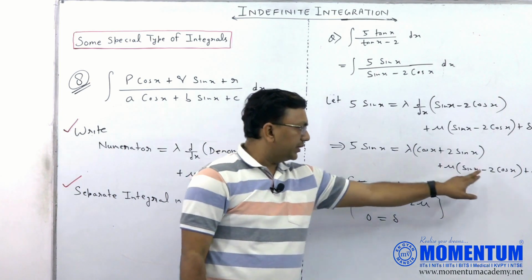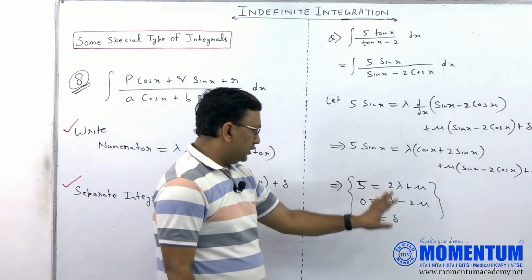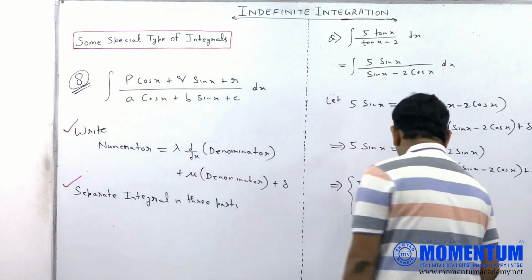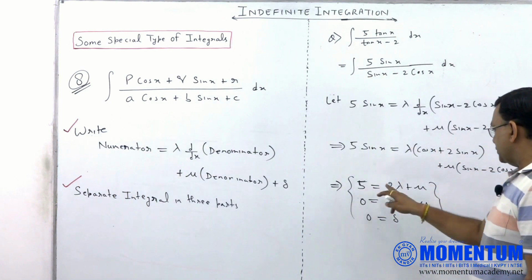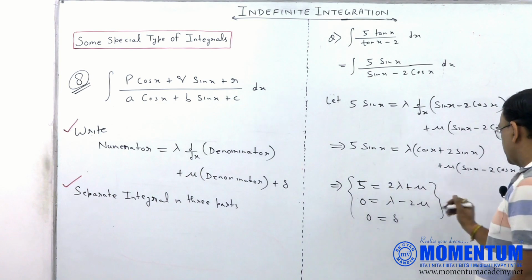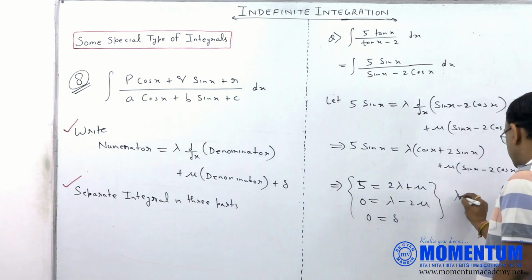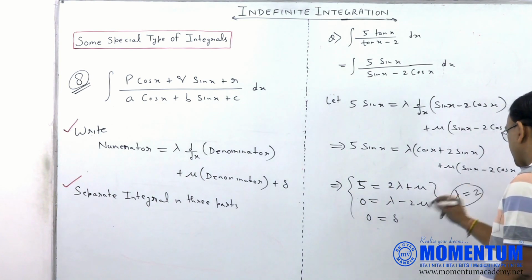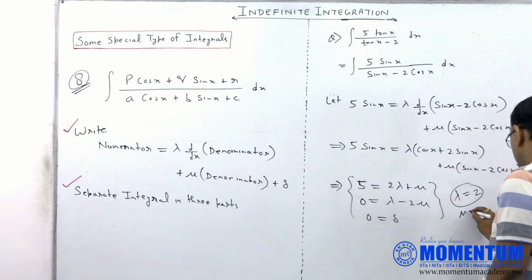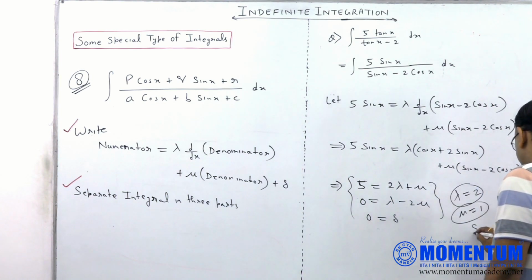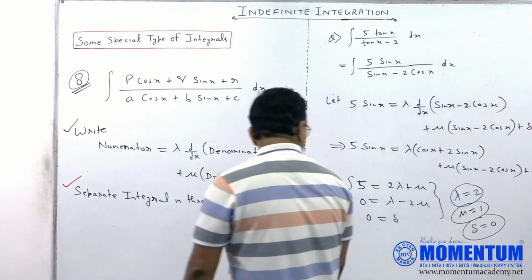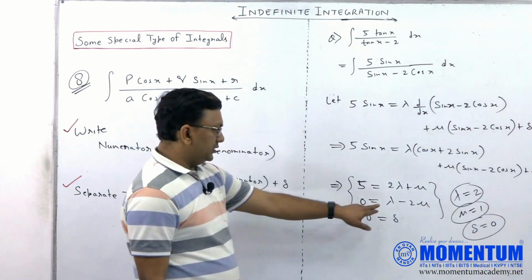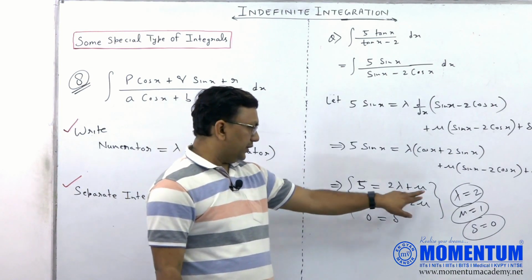Cos ka coefficient is lambda minus 2 mu, and here 0. Now solving it, we can get lambda and mu. Multiply by 2, so 10 is equal to 4 lambda plus 2 mu. So lambda is 2, mu is 1 and delta is 0.